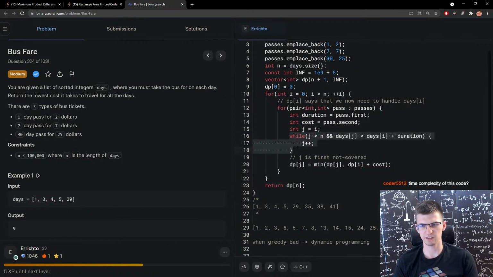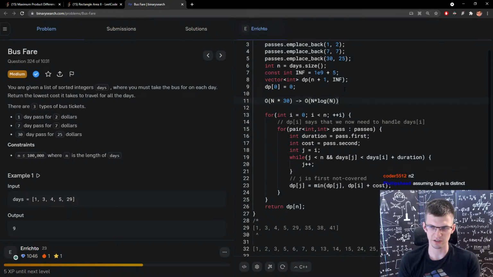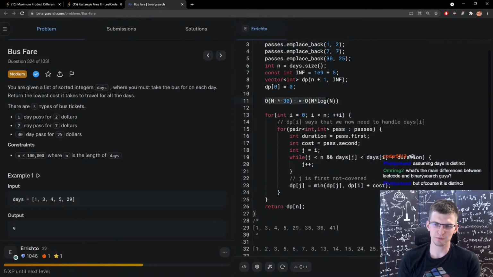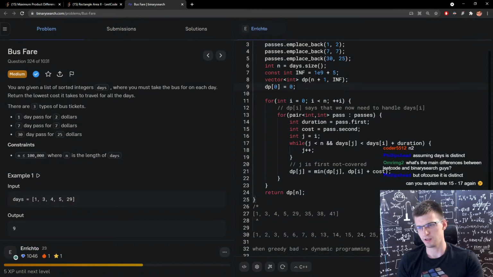This is why I did it linearly. The current complexity is, I believe, n times 30, and we can improve it to n log n if we instead binary search, but it's not a big improvement. But sure, we can see how that would look.